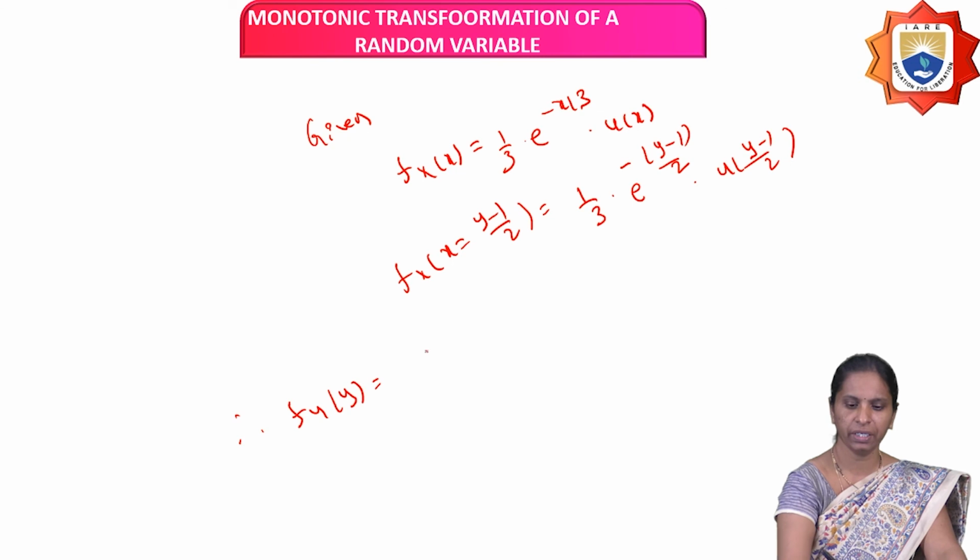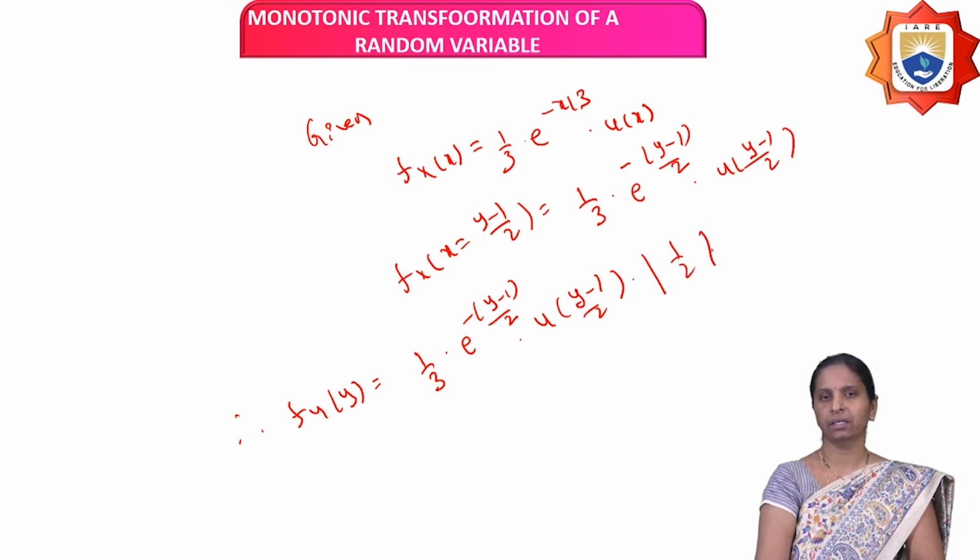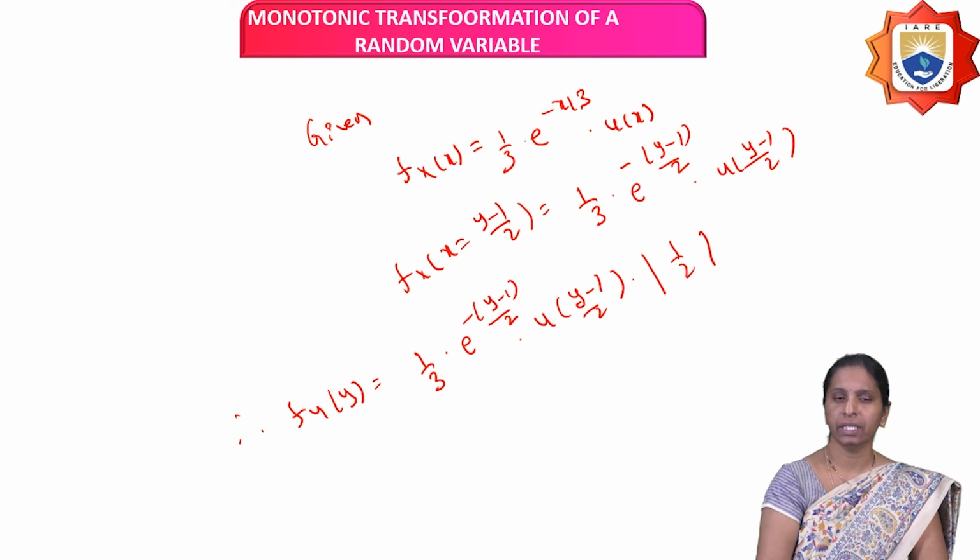So what can you obtain here? 1 by 3 into e power minus y minus 1 by 2 into u of y minus 1 by 2 into mod of 1 by 2. Like that you can calculate the density function of the transformed random variable if they give the density function of the original random variable x.